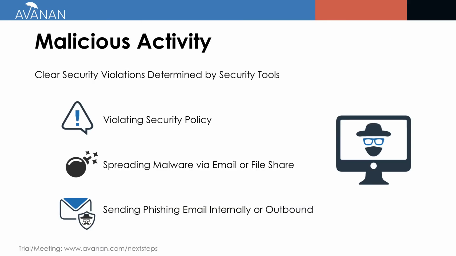The next topic is malicious activity. So not only should you be wary of attacks coming from external actors, but should also review internal threats. So whether someone is violating a security policy or spreading malware via email or file sharing with his other colleagues or external users, in addition to sending phishing emails internally and outbound.